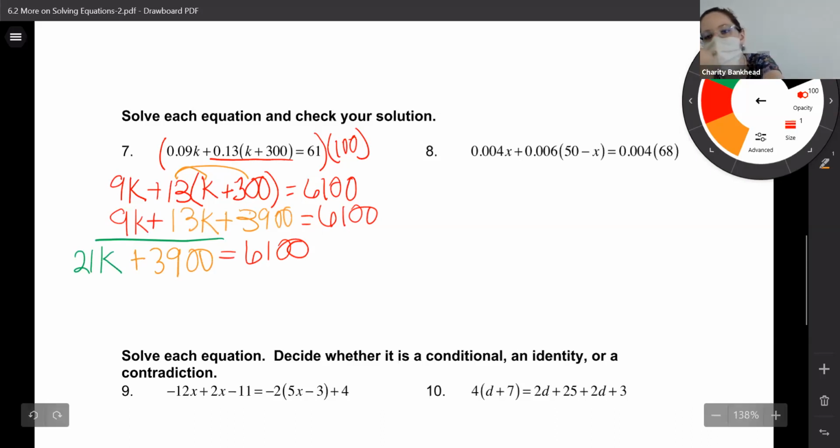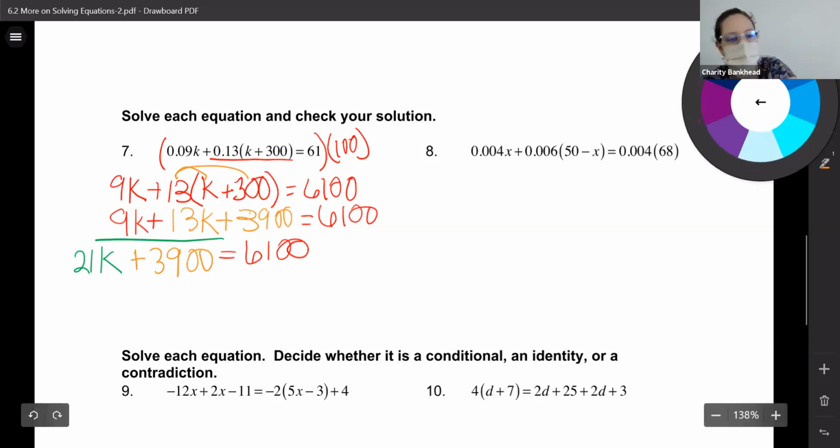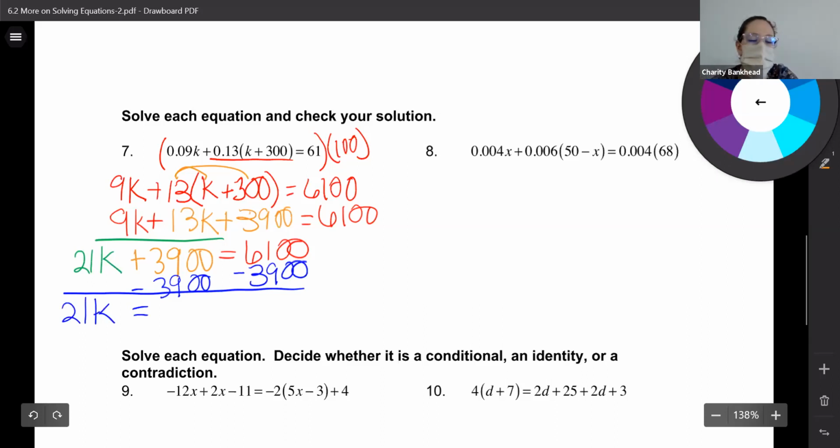And then I'm just going to subtract 3,900 from both sides. So that makes 21K equals, and so let's see, that's going to be 2,200.